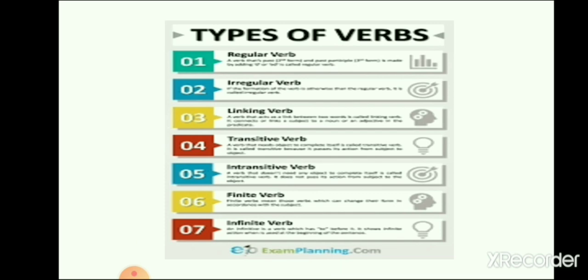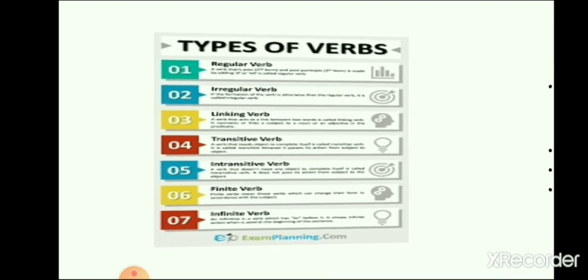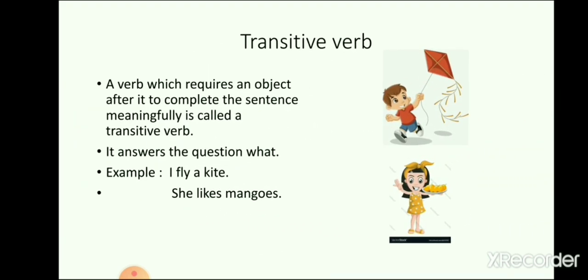In this chapter, we are going to see about the transitive verb and the intransitive verb. You already came across these two in our last class itself, so once again we are going to recollect the things.